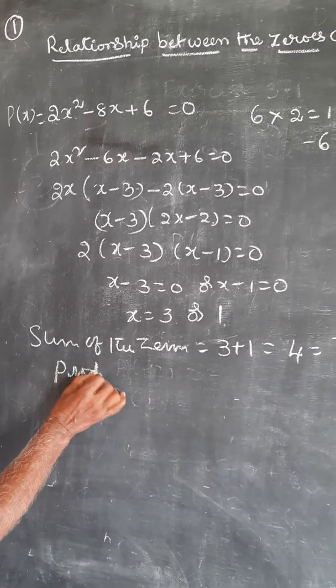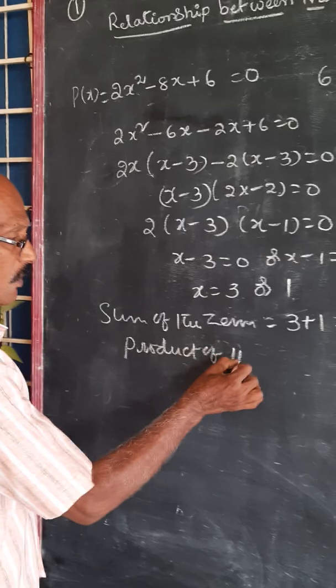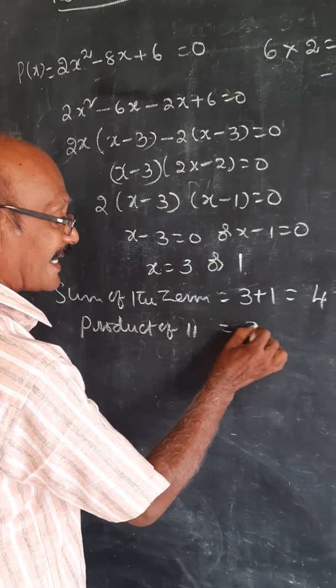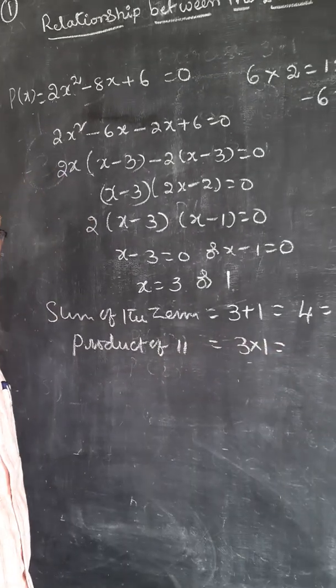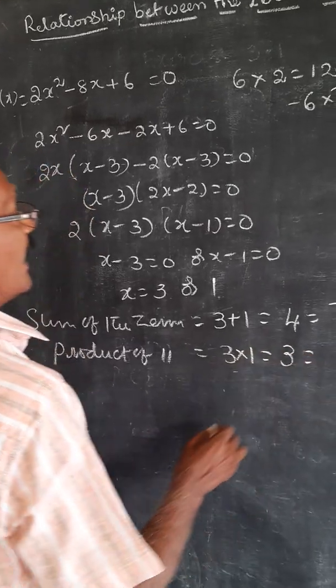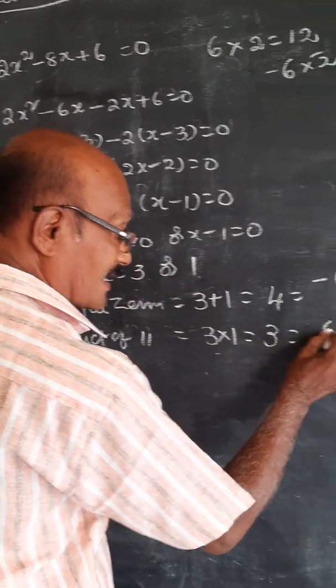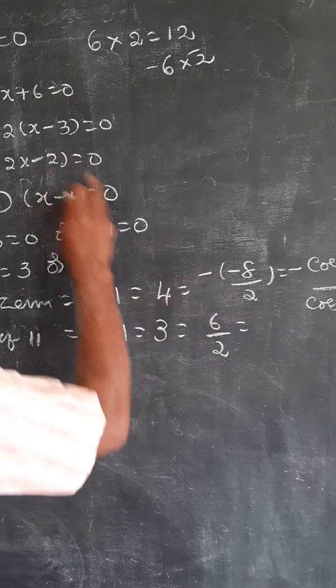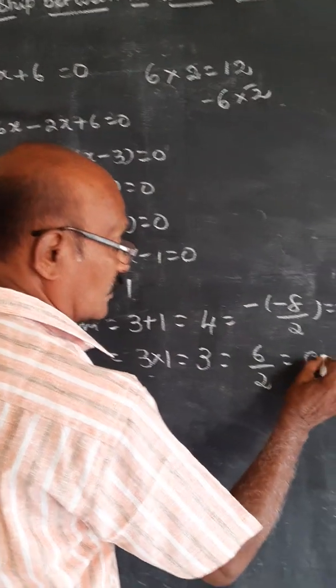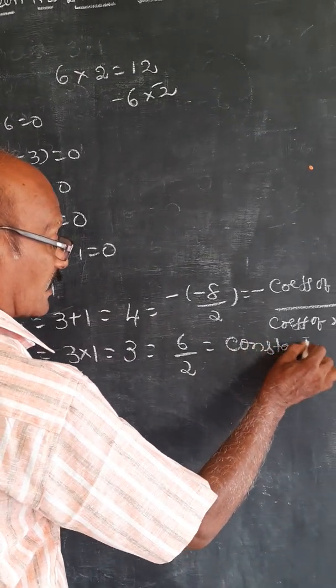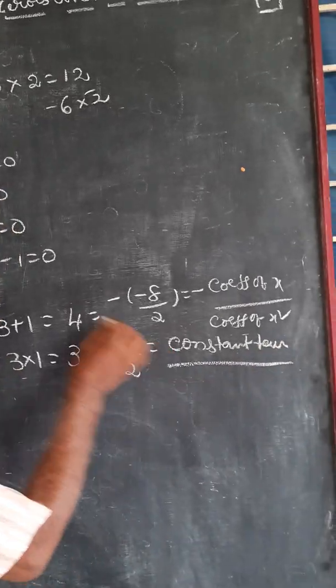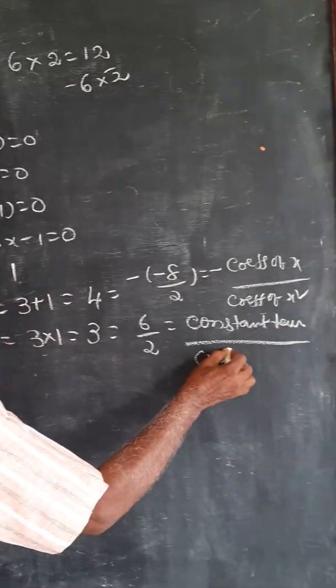Product of the zeros. The product of the zeros is 3 × 1 = 3, and write this 3 as 6/2, where 6 is the constant term and 2 is the coefficient of x².